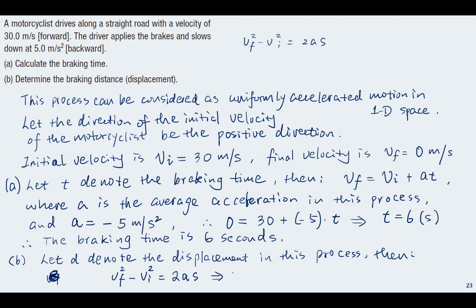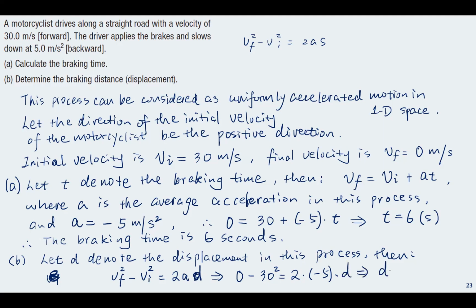So that gives us final velocity is 0 minus initial velocity 30 squared equals 2 times A, which is -5, times D. Oh, sorry, not S, but D, right?